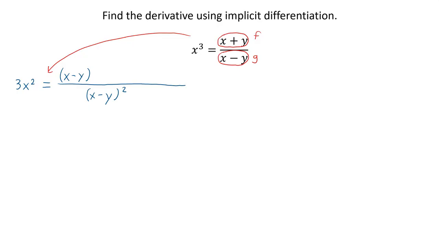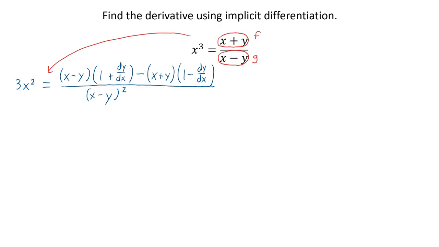F contains two terms. The derivative of the first term, x, is 1, and the derivative of the second term, y, is dy over dx. Now we subtract from that g prime times f. F is x plus y, and the derivative of g is 1 minus dy over dx.